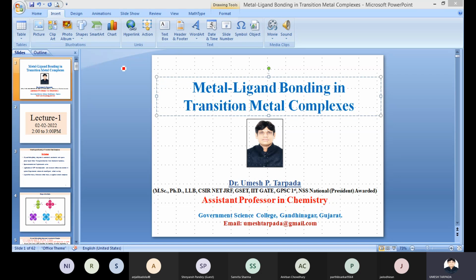If the eg orbital is unsymmetrically filled, then there will be strong Jahn-Teller distortion. And if the t2g orbital is unsymmetrically filled, then at that time you can have a weak Jahn-Teller distortion.